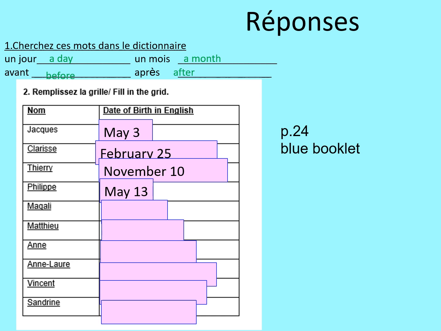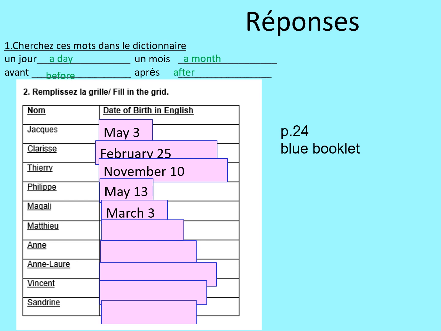So if you can see, we're using all of those words that we've just looked at, a day, a month, before and after, and our knowledge of numbers as well, to try and work out these clues. Magali says that her birthday is 2 mois avant l'anniversaire de Jacques. So her birthday is 2 months before Jacques' birthday, which means her birthday is on March the 3rd. Mathieu says, Mon anniversaire est le 1er janvier, mais l'anniversaire de ma sœur Anne est le 29 février. C'est difficile pour elle.